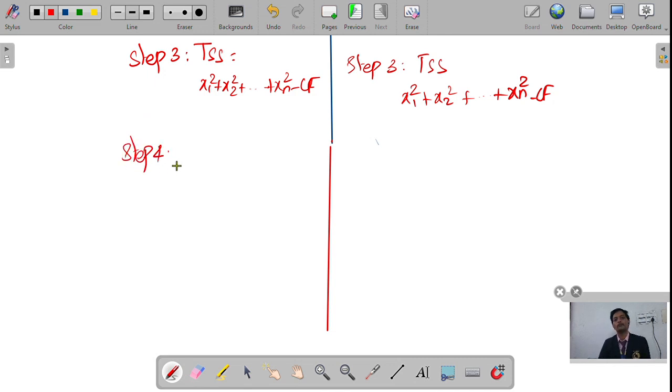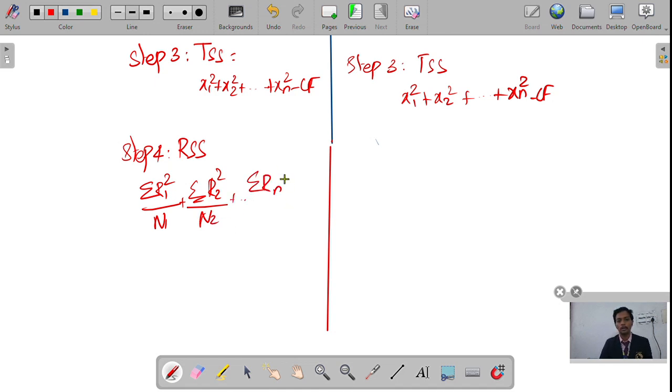Step 4, here we are going to calculate the row sum of squares. The row sum square is calculated as summation r1 square by n1, plus summation r2 square by n2, up to however many rows there are, minus CF.